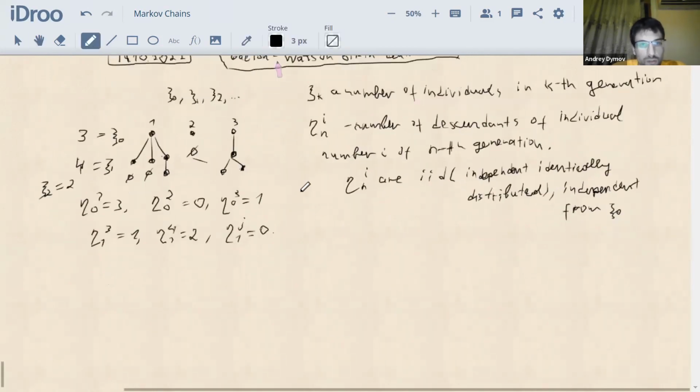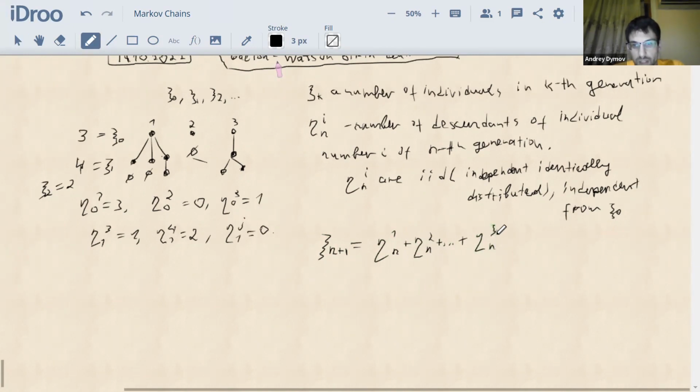And then according to this model, we have the following formula: xi n plus 1, the number of individuals in generation n plus 1, equals eta n,1 plus etc. plus eta n,xi n, and we have xi n individuals in the n-th generation.